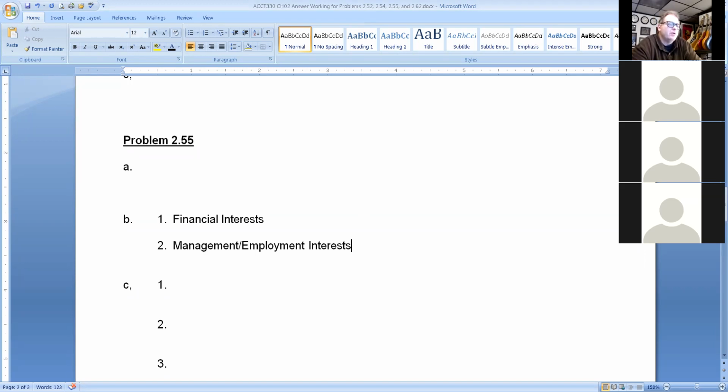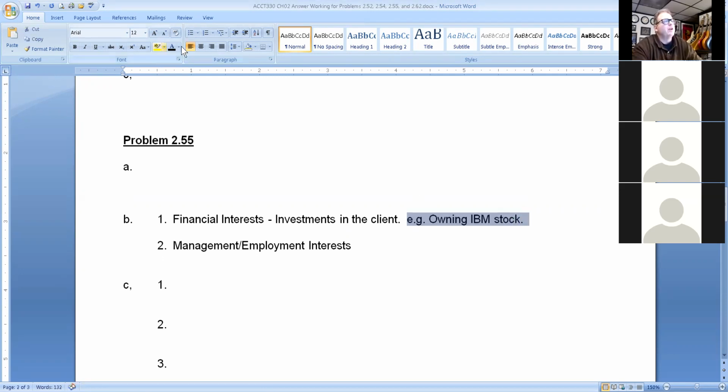So these are the 2 types of interest that can cause a problem with independence. Financial interest is investments in the client.